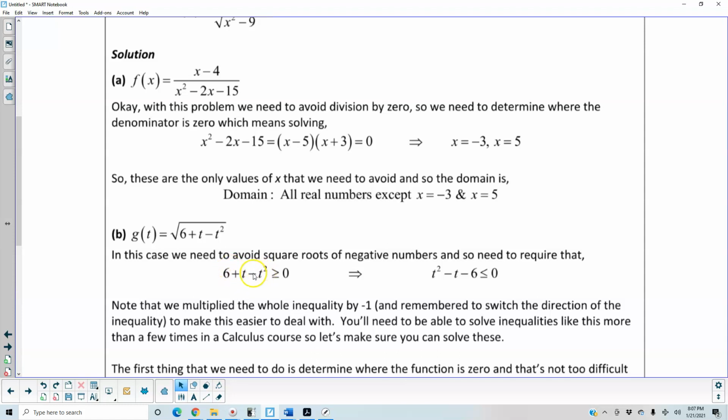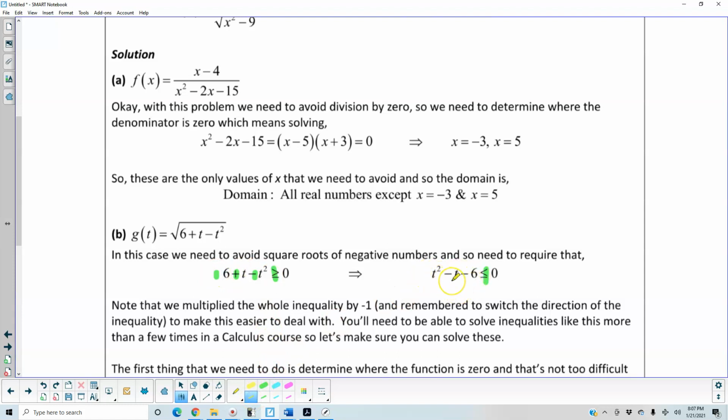So if we change all these signs, that means that we need to then flip the inequality. So this inequality now becomes a greater than or equal to becomes less than or equal to, because all of our signs will then change to the following.